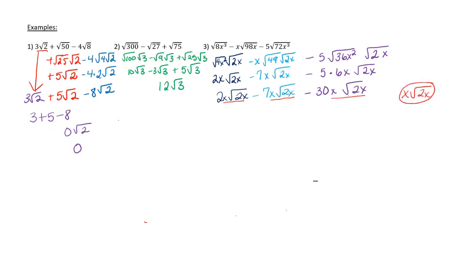So then I just have to combine the coefficients. 2 minus 7 is negative 5, minus 30 is negative 35, and then I just bring down the common radical they have. So they have an x square root of 2x.